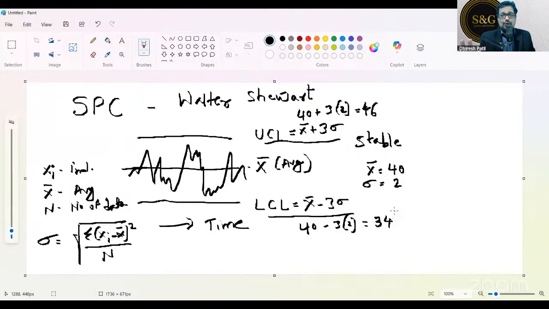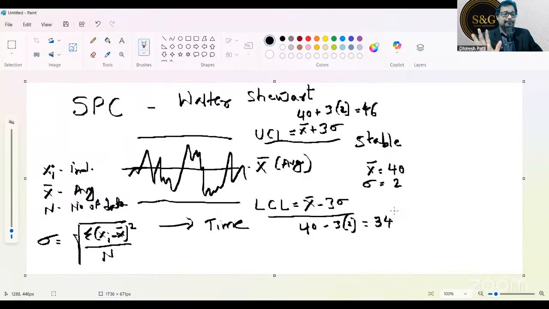Upper control and lower control, because x bar is what? The average of the process data. Sigma is calculated from the process data. So x bar and sigma both are calculated, which are the main components of the formula. Both depend on the data from the process. So who decides control limits is the process itself.